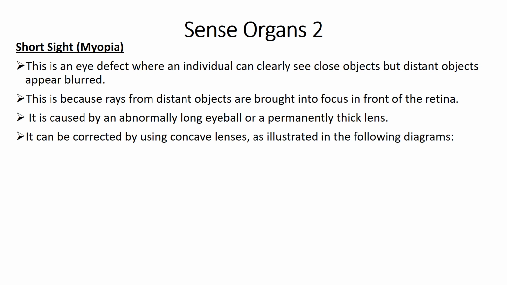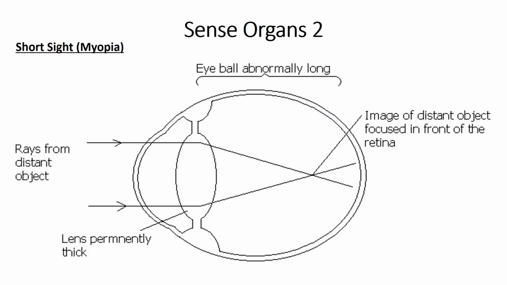So let's take a look at how concave lenses can correct short sight. This is the eyeball of an individual with myopia. It is abnormally long. When light comes from an image that is very far, remember myopia is short sight, which means you can see things that are closer to you.